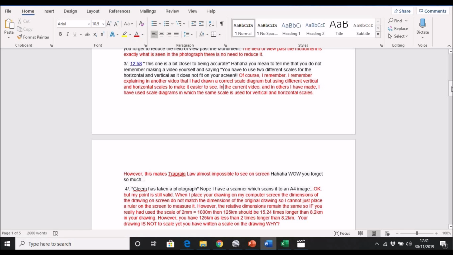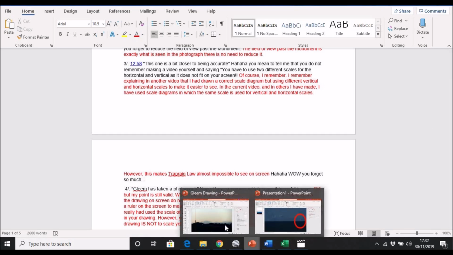And I remember explaining in another video that I had drawn a correct scale diagram, but using different vertical and horizontal scales to make it easier to see. In the current video and in others I have made, I have used scale diagrams in which the same scale is used for vertical and horizontal scales. However, this makes Traprain Law almost impossible to see on the screen.